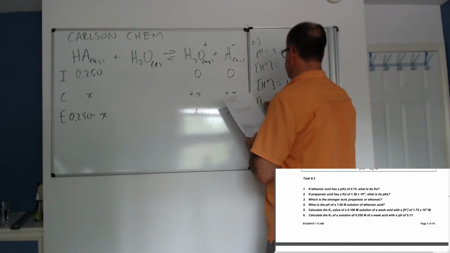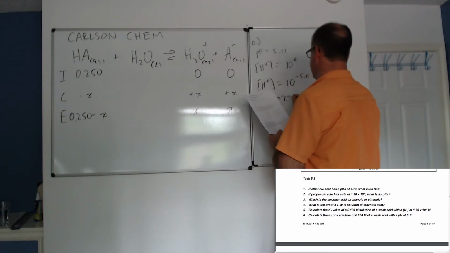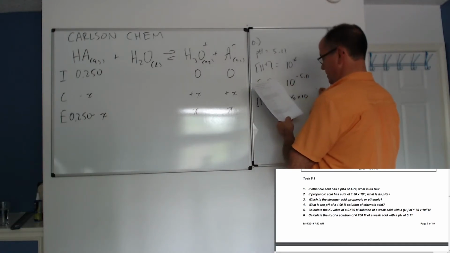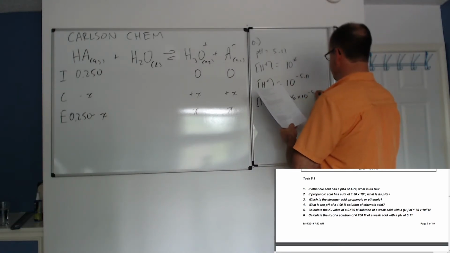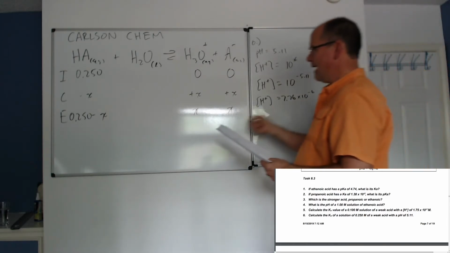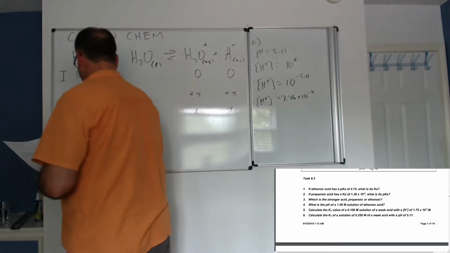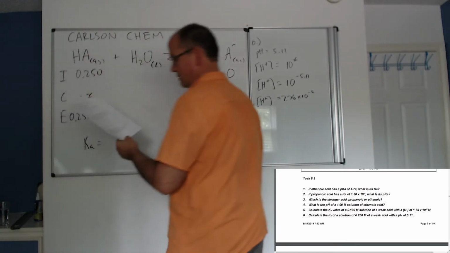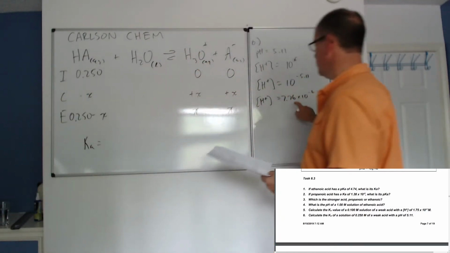So H plus is 7.76 times 10 to the -6. That's our H plus. So that means my Ka, because it's asking for Ka, is going to be this number.